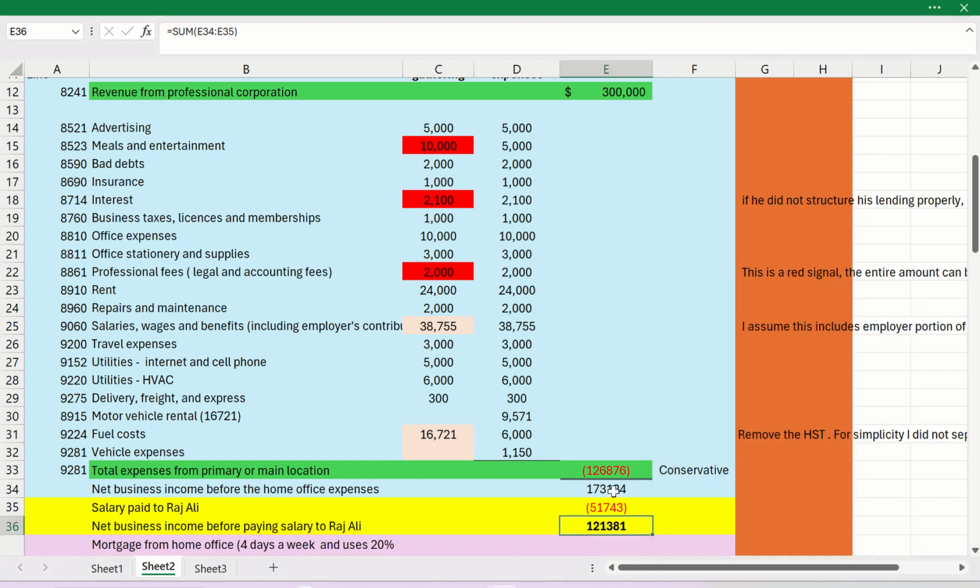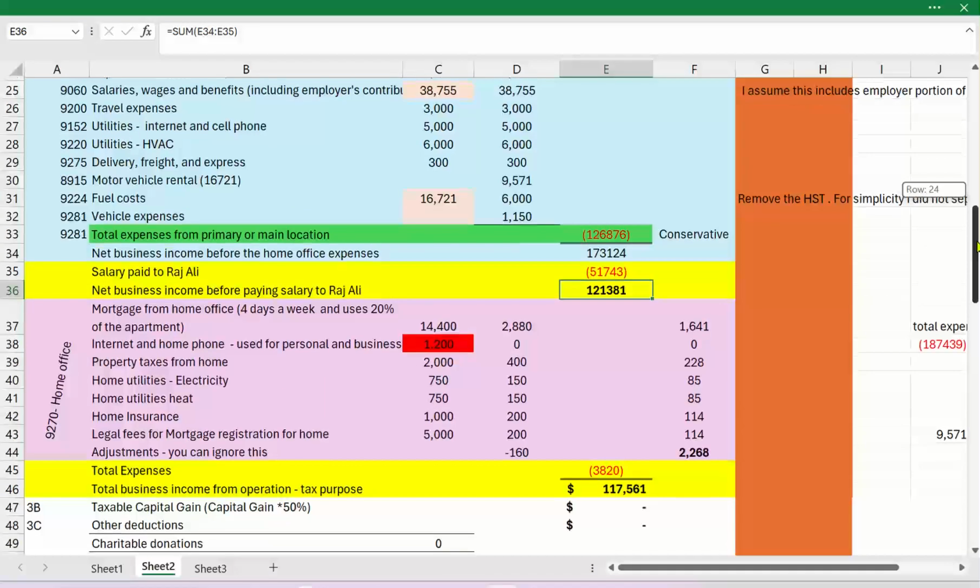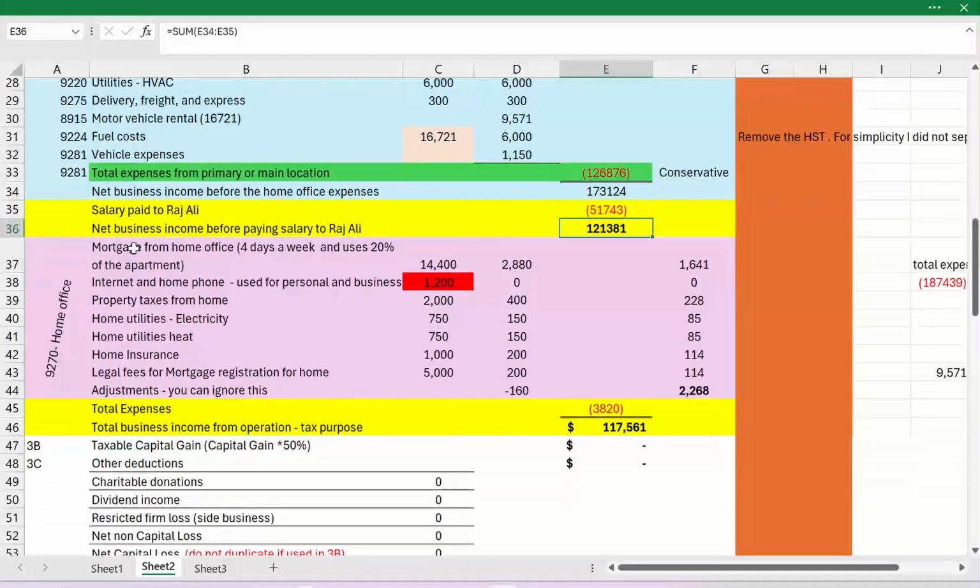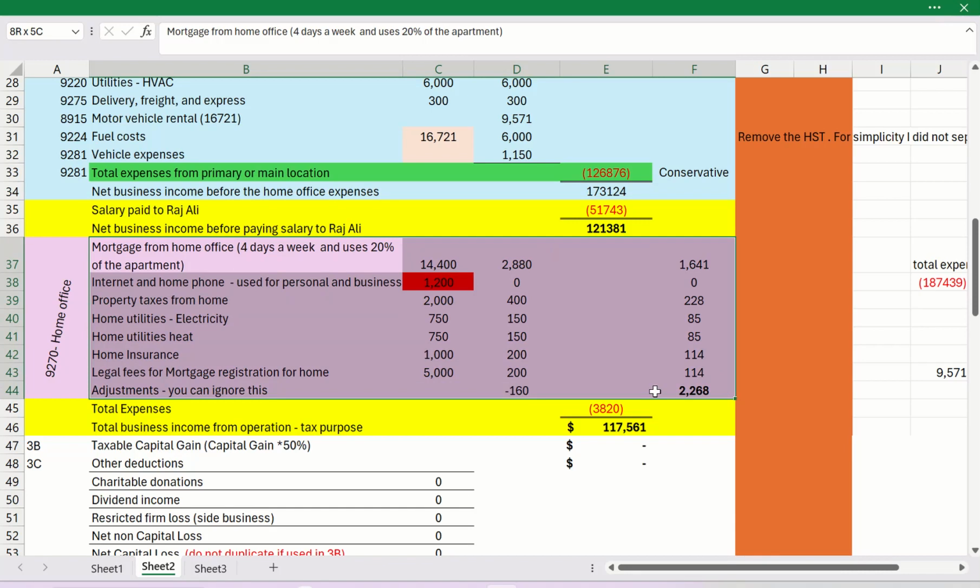Now that you took the salary off, the amount showing after the $51,000 deductions, the net income for tax purposes is now reduced to $121,381.